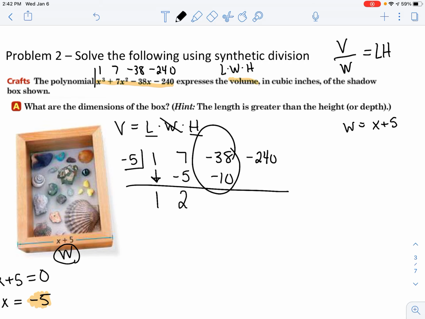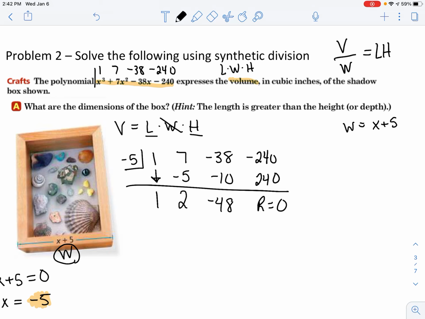Now I'm going to add those two. Negative 38 and negative 10 makes negative 48. Now I'm going to multiply negative 5 and negative 48. Negative 5 times negative 48 is positive 240 with a remainder of 0.